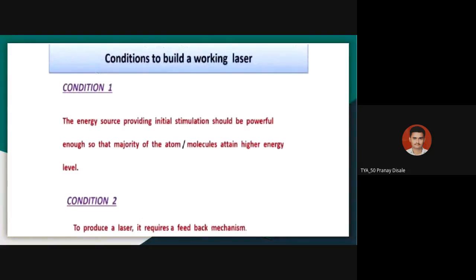To produce that laser, you should fulfill two conditions. The atoms at the higher level should have enough energy, so for that purpose we should have an external source like heat or light. And there should be a feedback mechanism while producing the laser. So these are the two conditions.